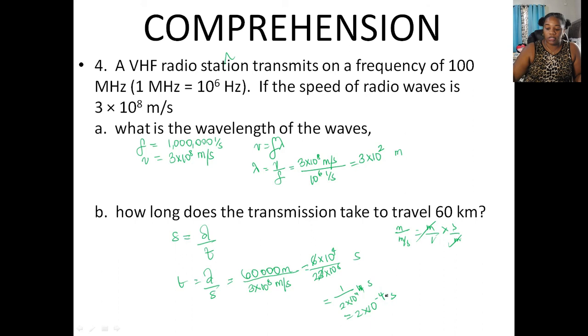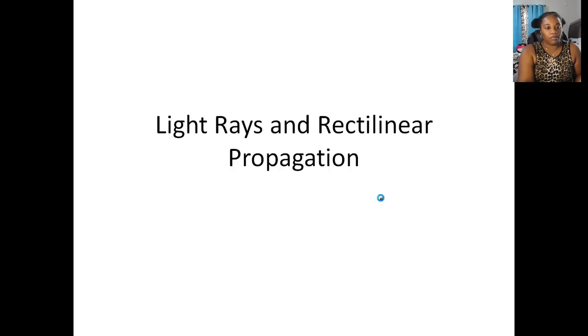If you calculate that, 6, 1, 2, 3, 4 divided by 3 times 10 to the 8, you should get 2 times 10 to the negative 4. Yeah. So if you got that answer, good job.